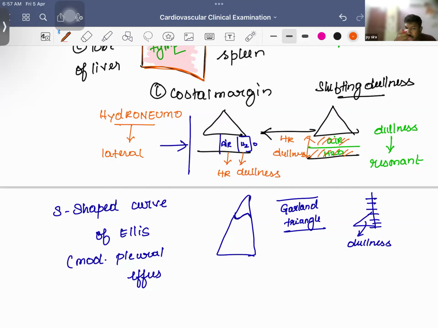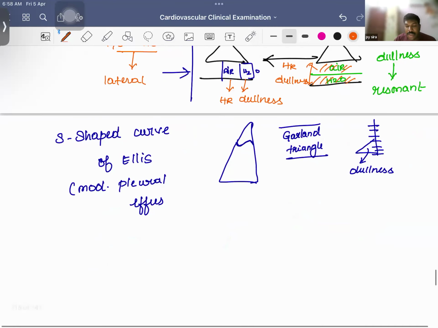It is usually seen in patients with hydropneumothorax, and a few books say that it is also seen in conditions like pleural effusion. But you need not consider pleural effusion much. What you should say in the exam is hydropneumothorax; that is what you will be expected to say in the exam. This is a very, very important thing.